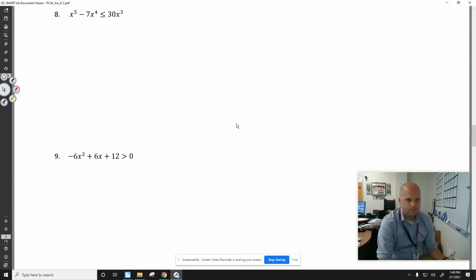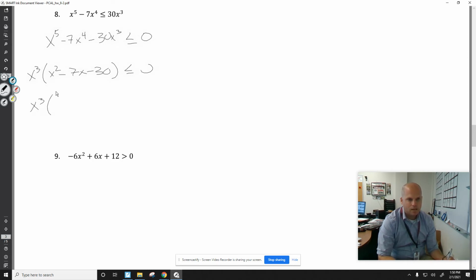All right, next one. I'm going to move over the 30x cubes by subtracting. I'm going to factor out an x cubed, which they all share. I'm going to factor this. It's going to be negative 10 and positive 3.